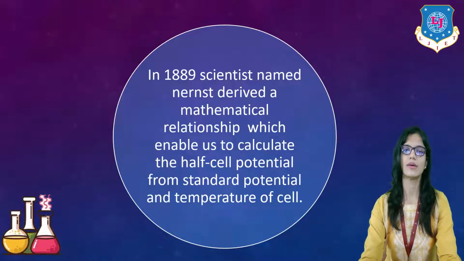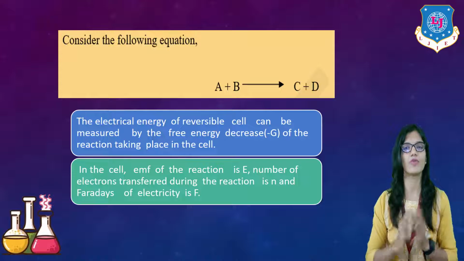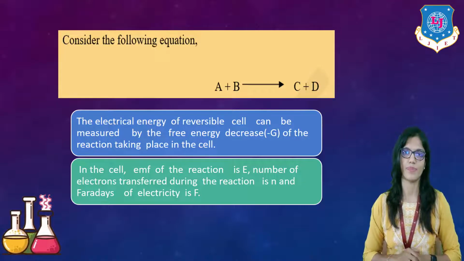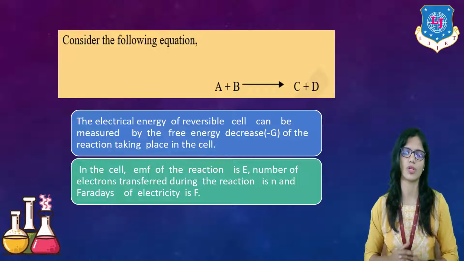Now consider the following equation, which is A plus B gives C plus D. Generally, in electrochemistry we will see how electrical energy gets converted into chemical energy and chemical energy gets converted into electrical energy.